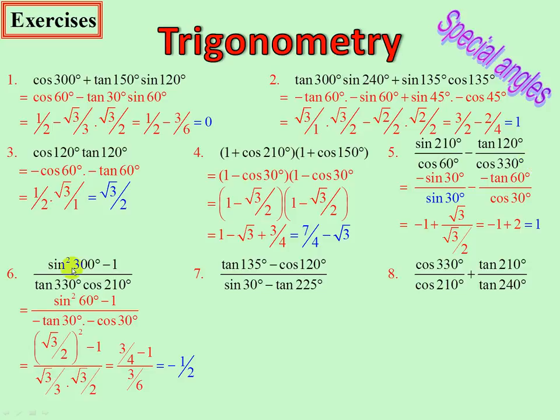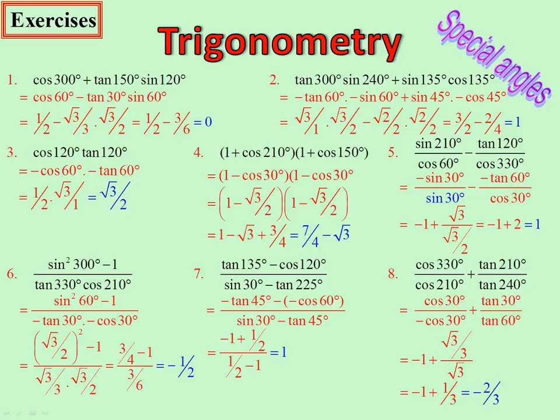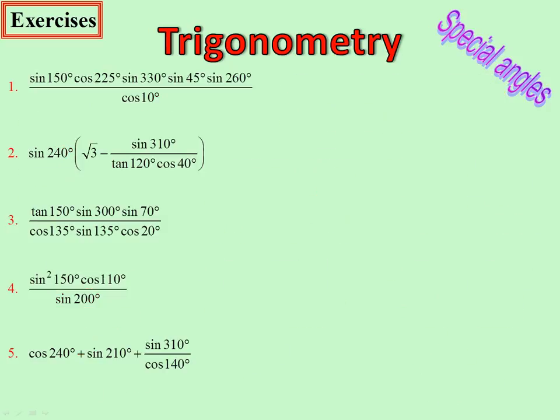Notice sine squared 300, sine squared 60. If we had sine of 300, we'd have negative sine 60, but this is being squared. One of these could be worth quite a few marks to you, so that's why it's useful knowing these.